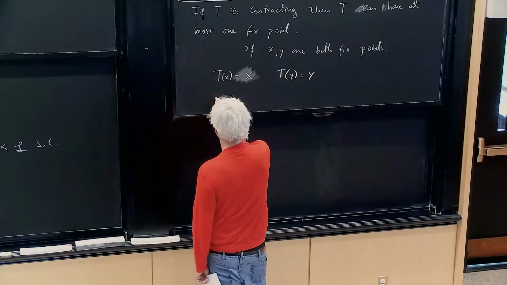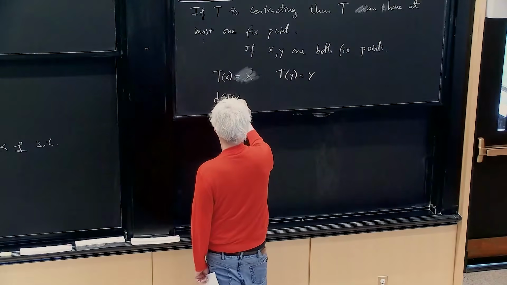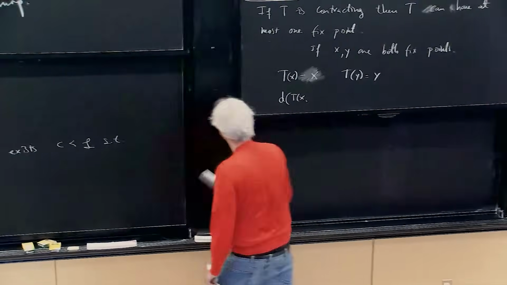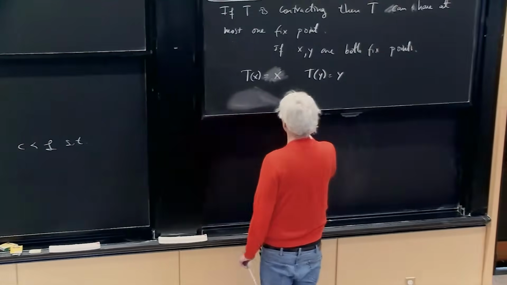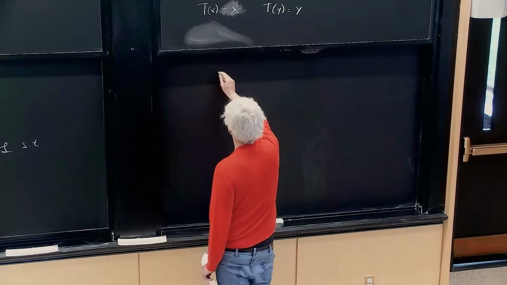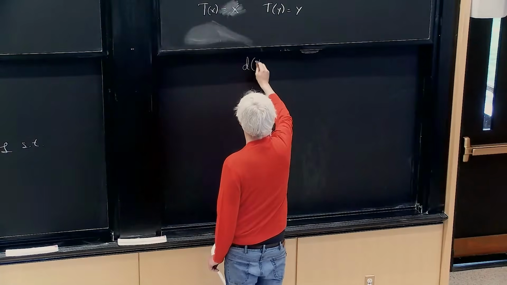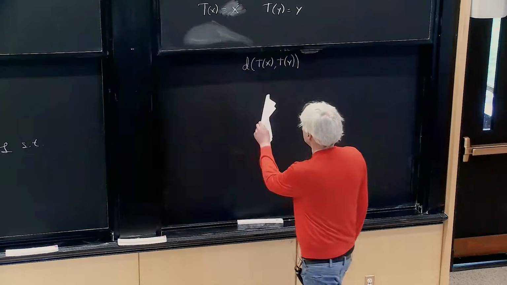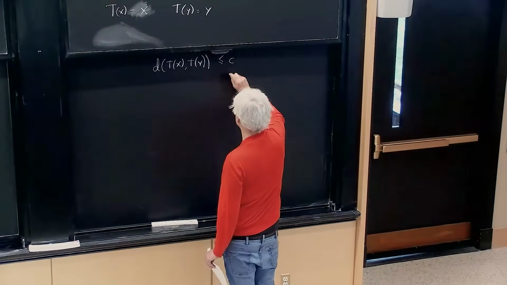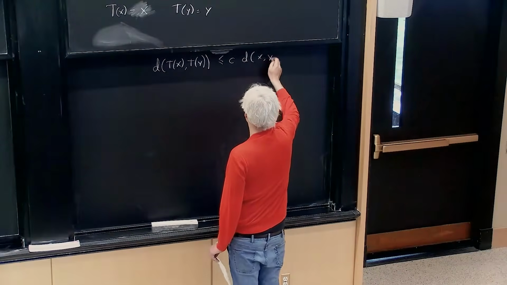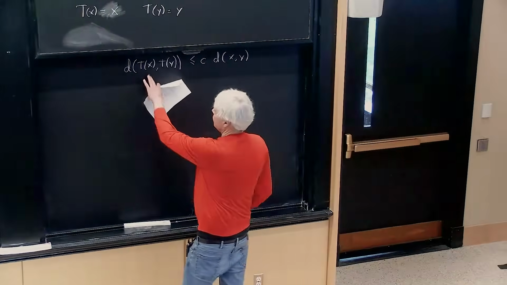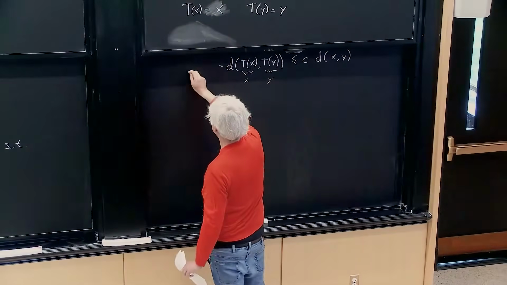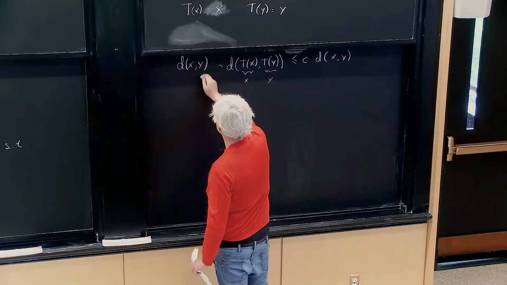And so now you have that the distance between T of x and T of y, the map is contracting, so this is less than or equal to this constant times the distance between x and y. On the other hand, they're both fixed points, so T of x is x and T of y is y.